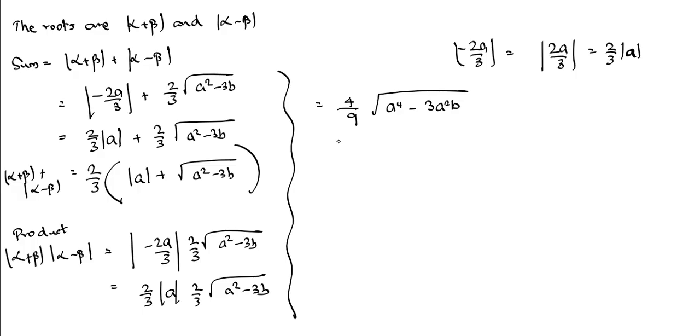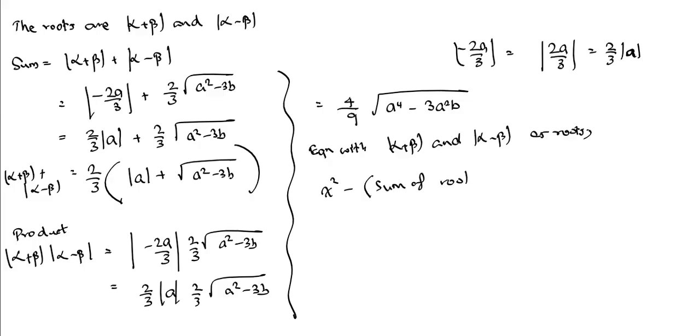Okay, so now we know the equation with modulus of alpha plus beta and modulus of alpha minus beta as roots would be x to the power 2 minus sum of roots times x plus product of roots equals 0.